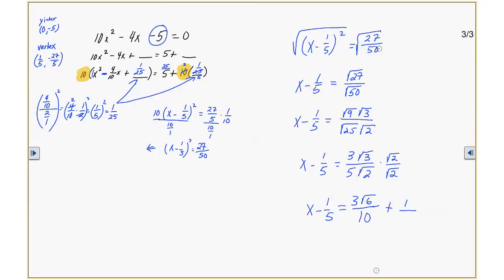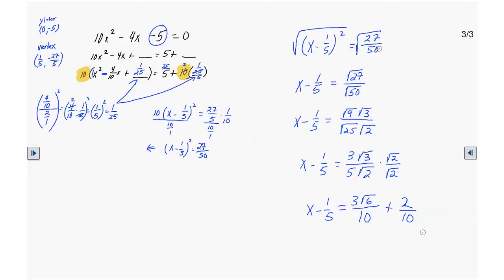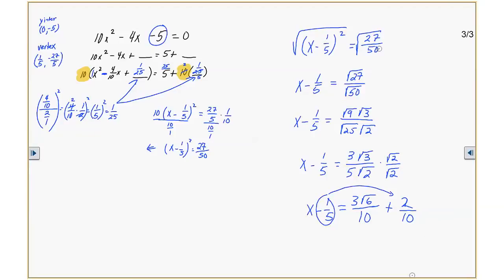So we've got to change this to 2 over 10. We brought that over, and that's 2 over 10. Now, if you're having a problem with that 2 over 10, then you need to brush up on your common denominators.